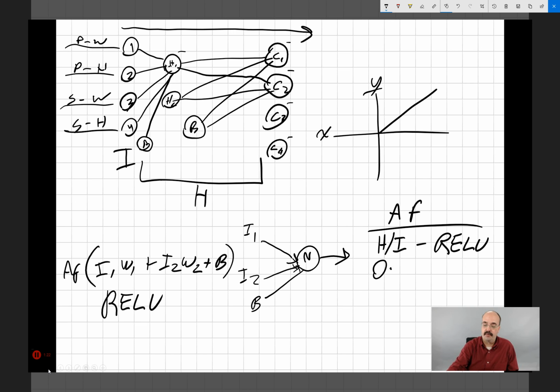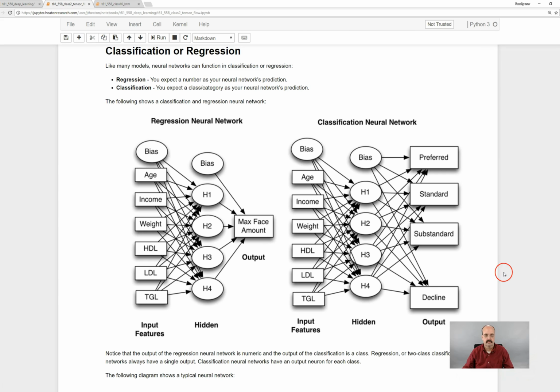If you're doing output regression, it'll be linear. If you're doing output classification like we're doing here, it will be softmax. And I'll show you the equations for each of those.